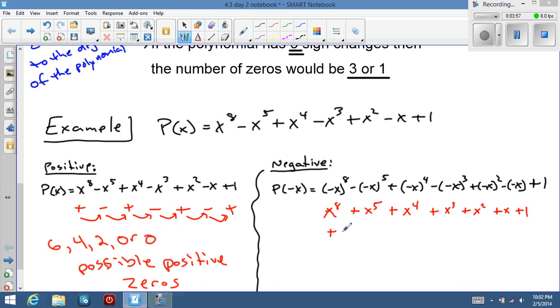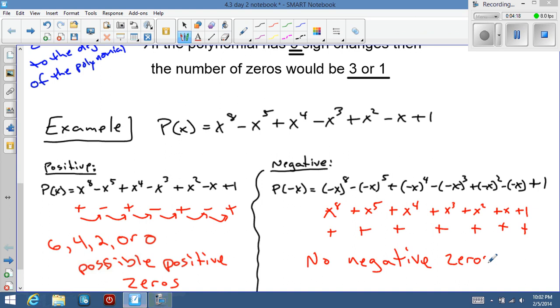So if we look here, the first term is positive, and each term after that is also positive. So we have absolutely no sign changes, which means we have no negative zeros.